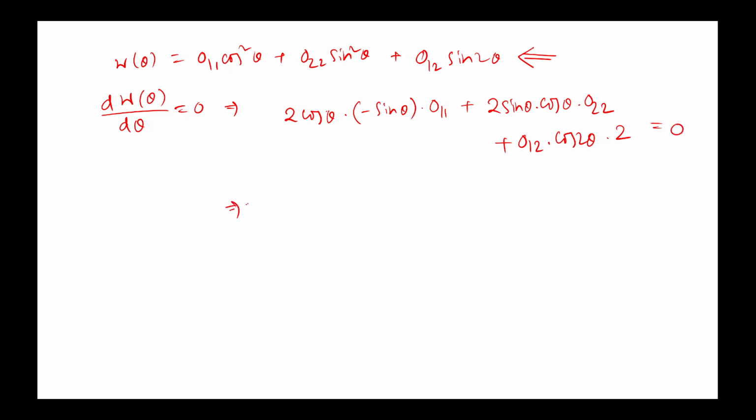Now you have minus 2 sin theta cos theta O11 plus 2 sin theta cos theta O22 plus 2 O12 cos 2 theta.